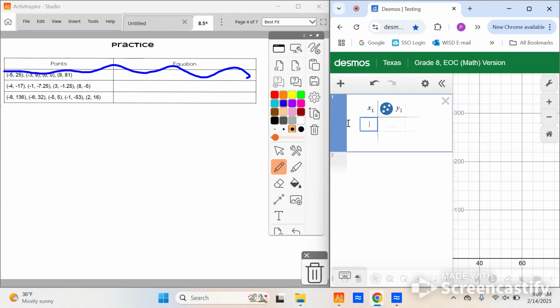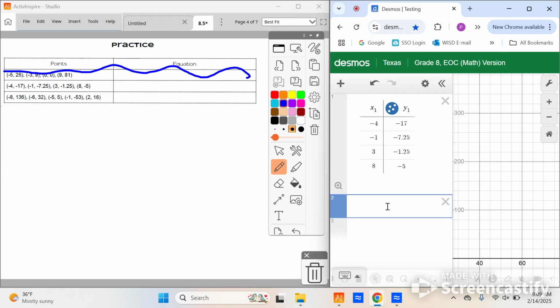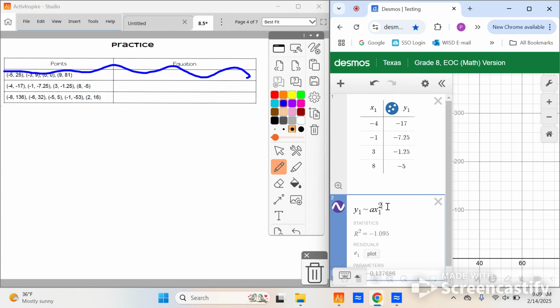So add a table. Your x values are your first number in your ordered pair. So -4, -1, 3, and 8. Your y values are -17, -7.25, -1.25, and -5. Now we're going to type our quadratic equation, y1 equals ax1 squared plus bx1 plus c.